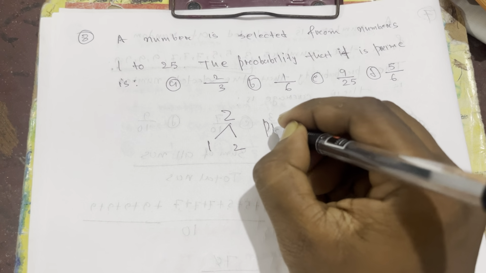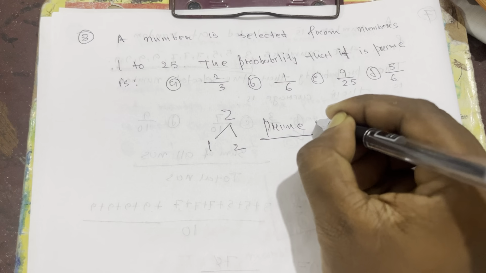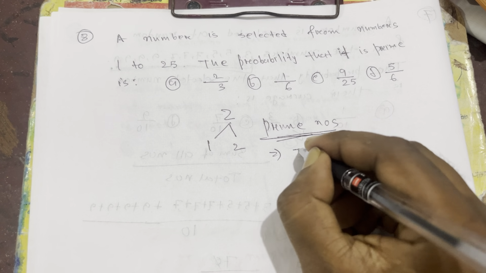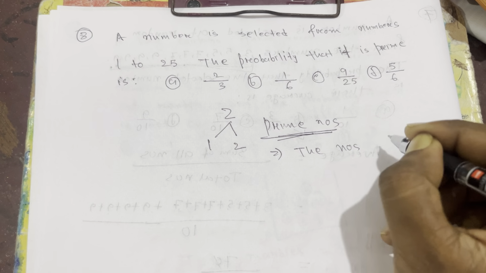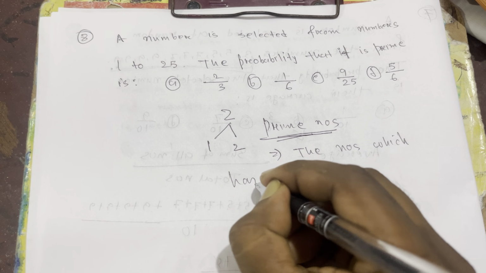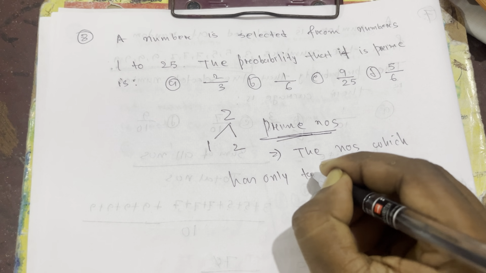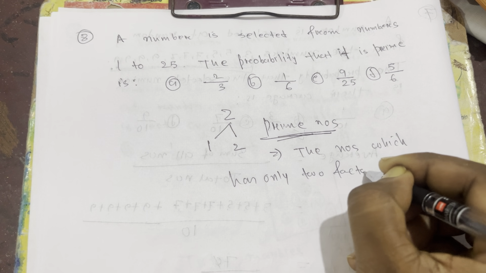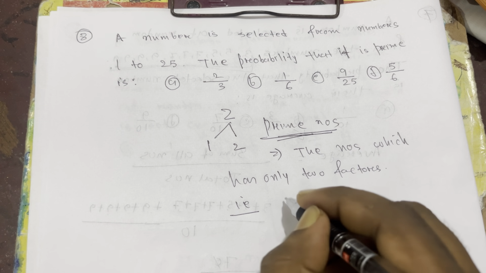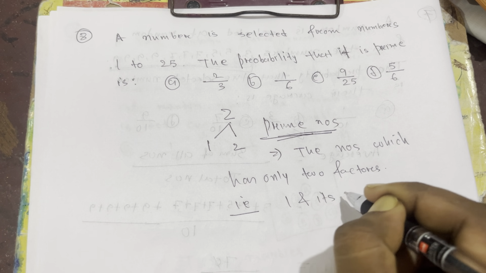What do you mean by a prime number? A prime number implies a number which has only two factors, that is 1 and itself.